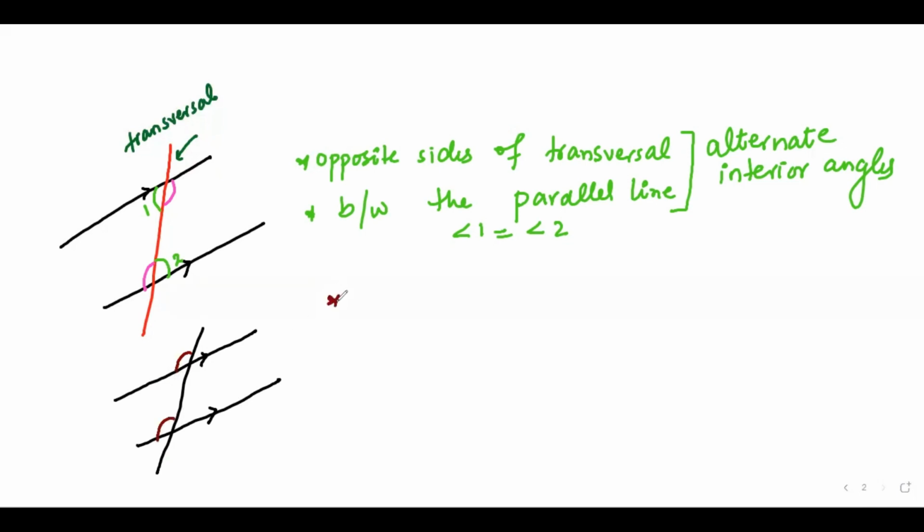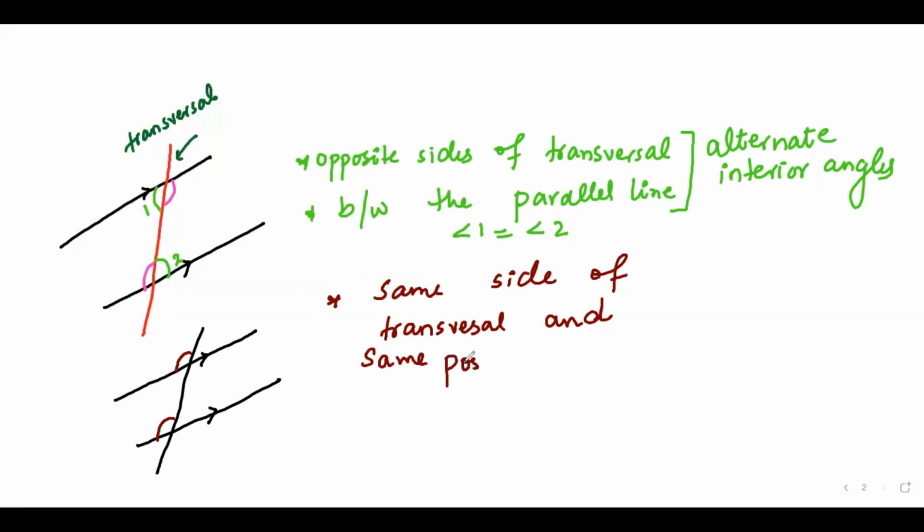The condition is they are on the same side of the transversal and in the same position too. So those angles are called corresponding angles.